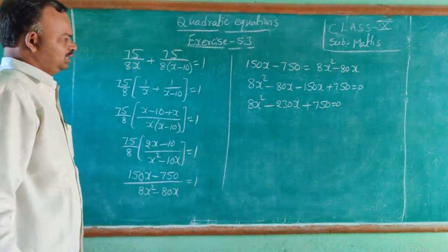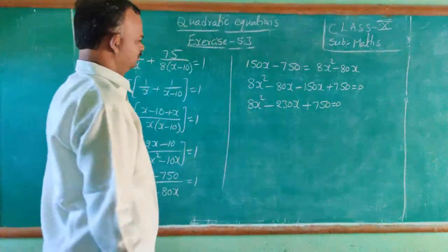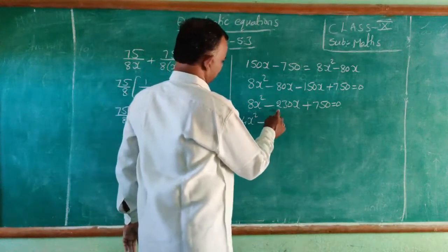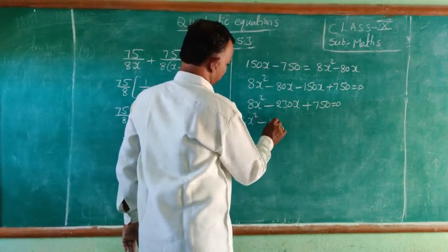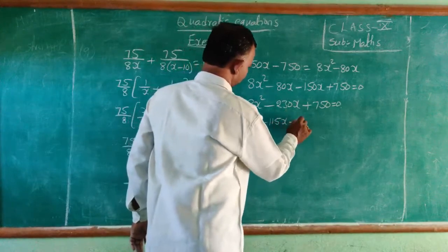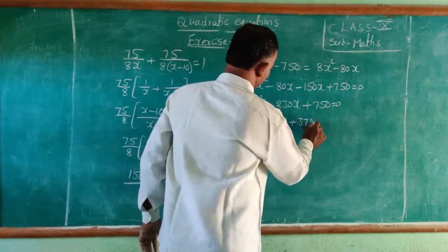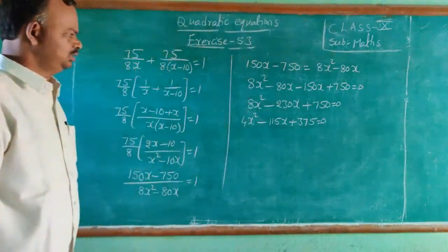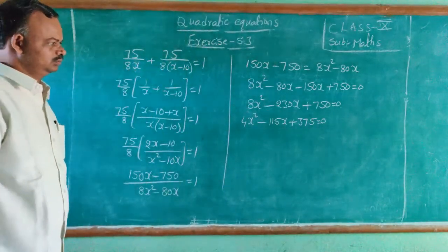Now we are cancelling by 2: 4x square minus 115x plus 375 is equal to 0.